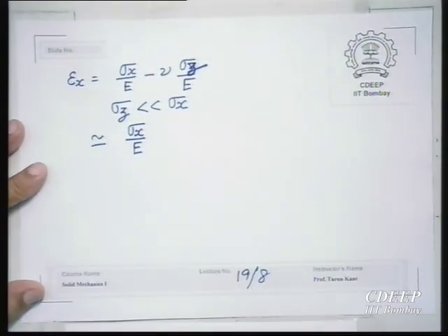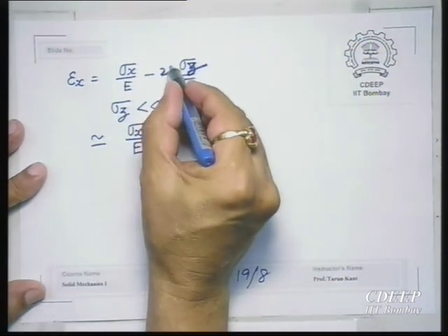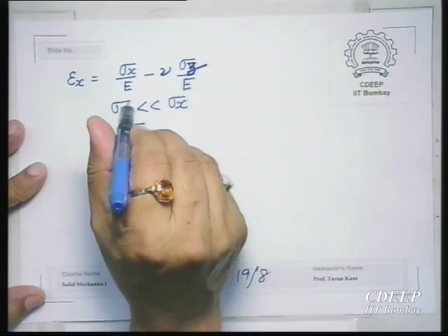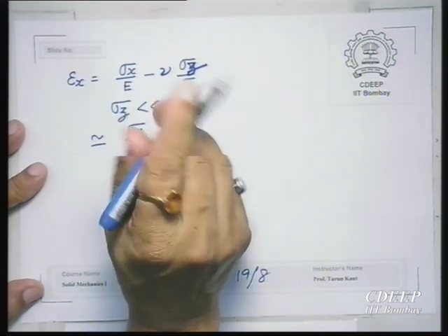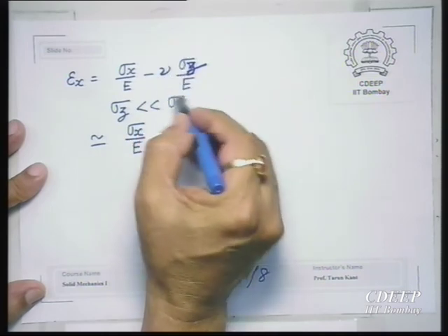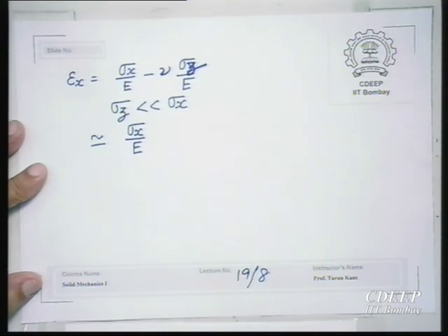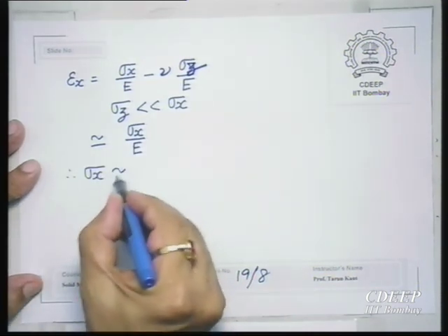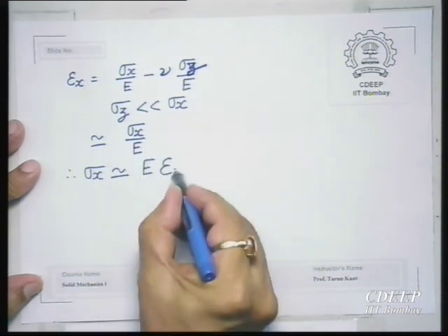Why are we doing this? Because this quantity is also multiplied by nu. Nu is always less than unity. Nu is not only less than unity, it is less than 0.5. So this quantity is very small compared to this. So we are saying epsilon x equals this, and therefore sigma x can be approximated to E times epsilon x.